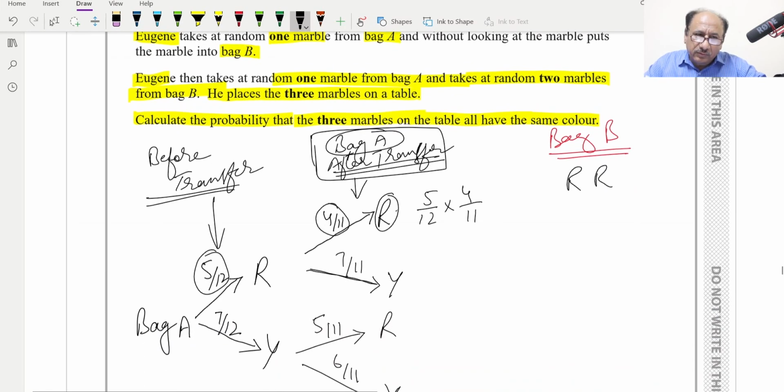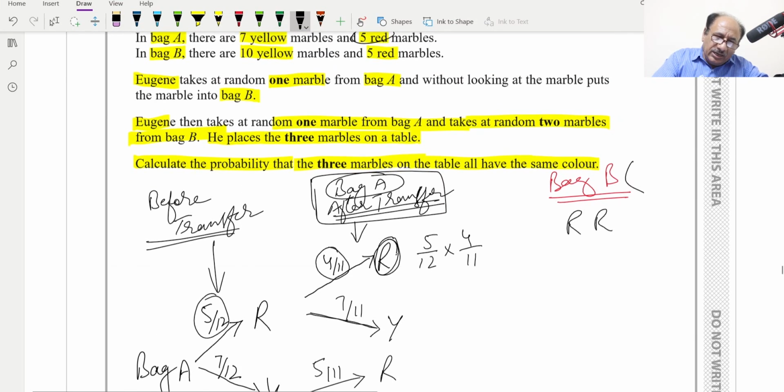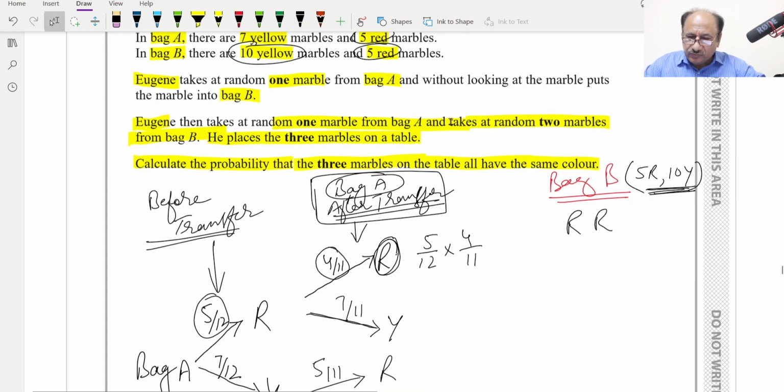So one red is transferred into bag B. Originally this bag B was containing 10 yellow and 5 red, so I will write here 5 red and 10 yellow. This is the situation before transfer.